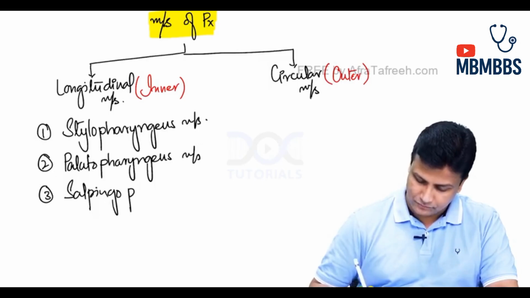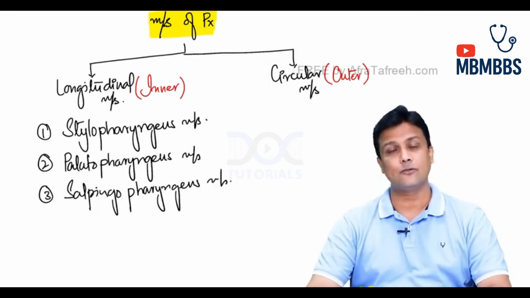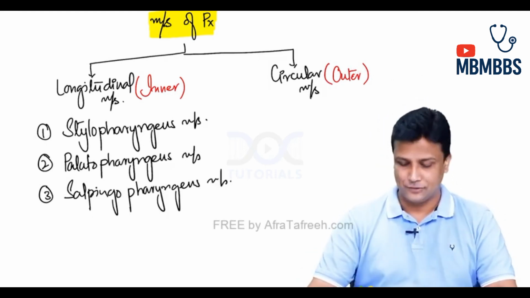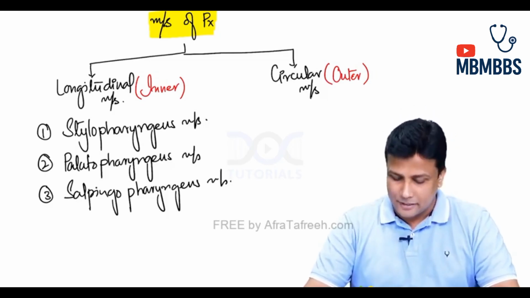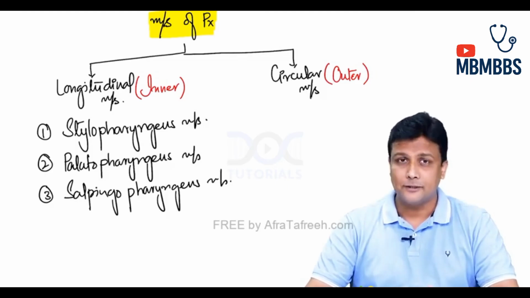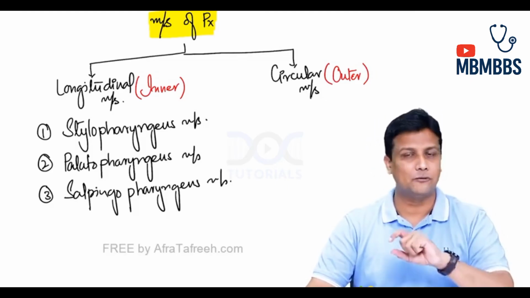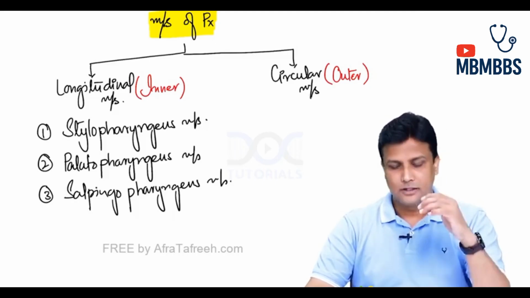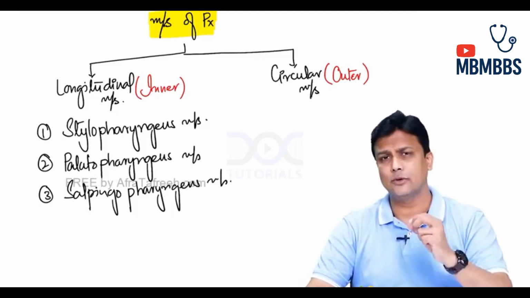The good thing here, my dear friends, is that in the name itself you have the origin of all these muscles. For example, the stylopharyngeus muscle begins from the styloid process. The palatopharyngeus muscle originates from the palate. And the salpingopharyngeus muscle begins from the tube, that is your auditory tube. So from the name itself, you can learn the origin.